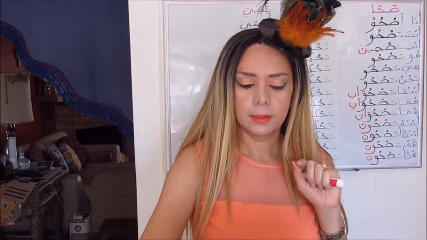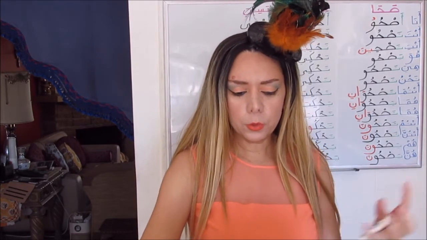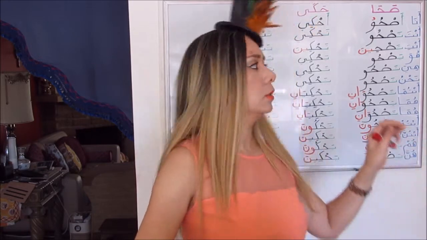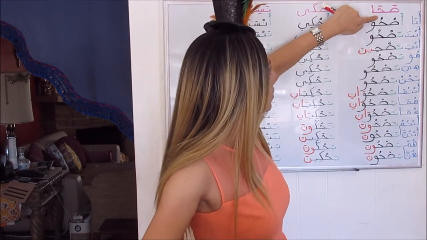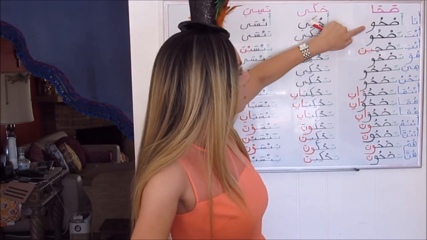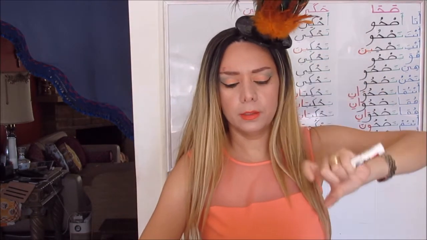However, the final dhamma fuses into the waw and vanishes. So we don't need this. Why? They look alike anyway. Tiny waw, the dhamma representing the waw. The wild waw devours the dhamma.